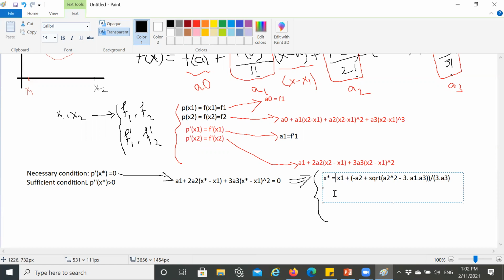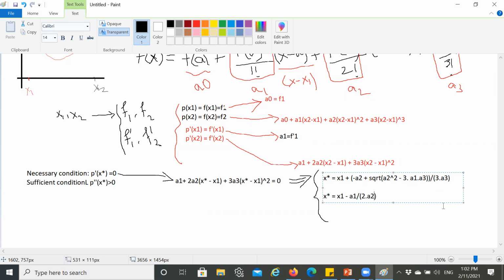And x star, the second case, second solution, would be x1 minus a1 divided by 2 times a2.